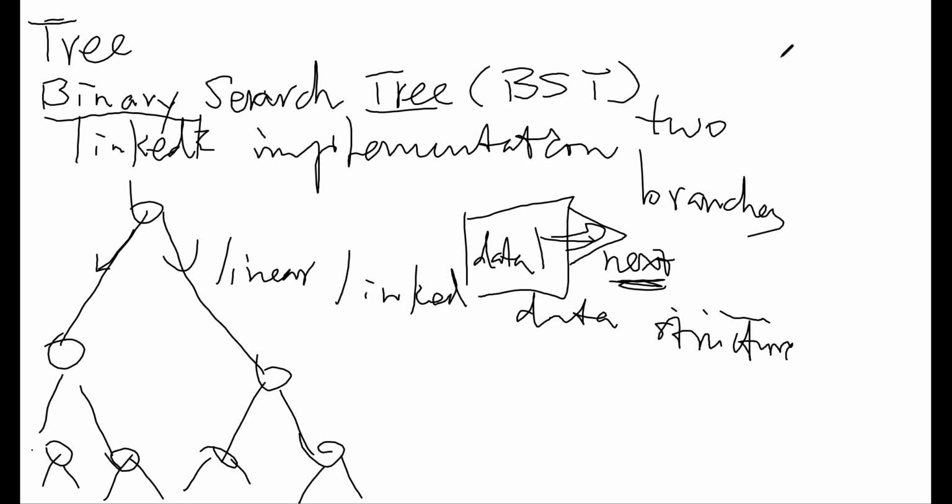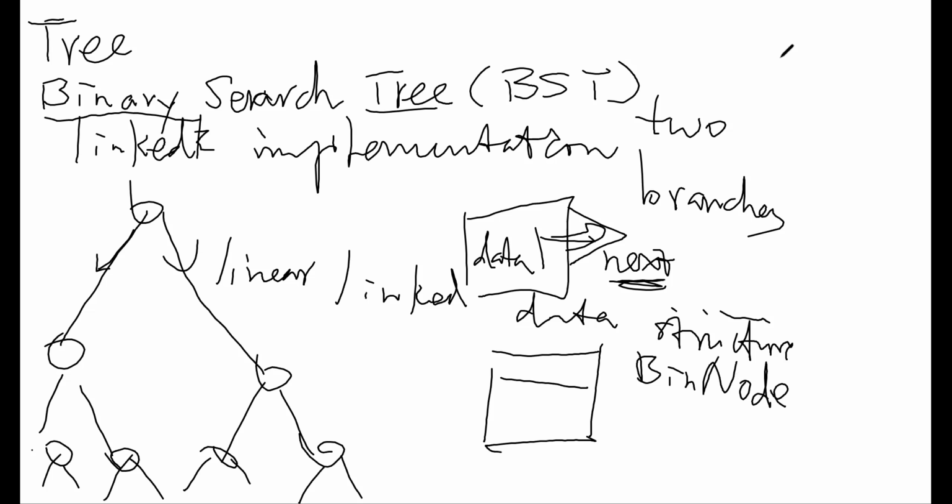Later on, if we want to implement it, we need a node, which we call a bin node, basically a binary node. A binary node also needs to have some data, but this time it needs two arcs going out.